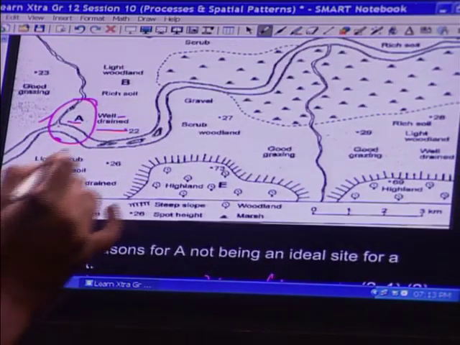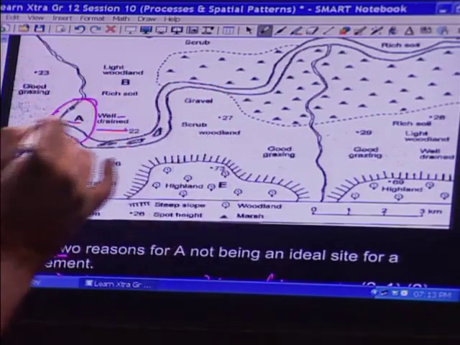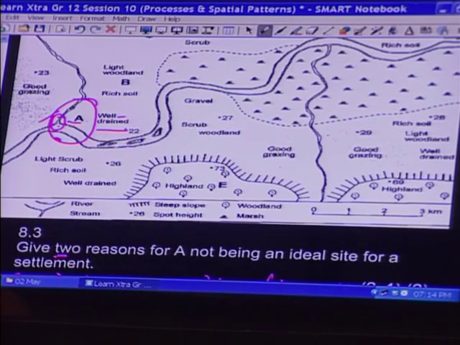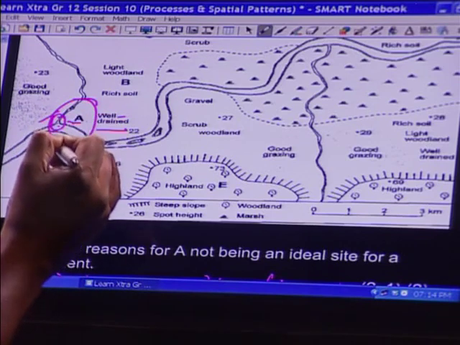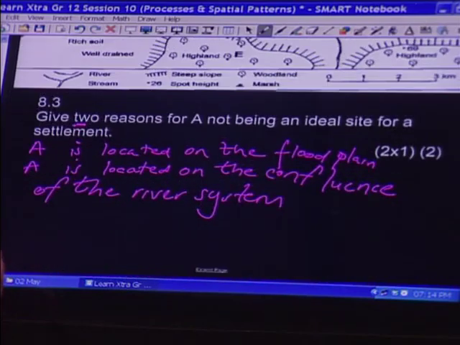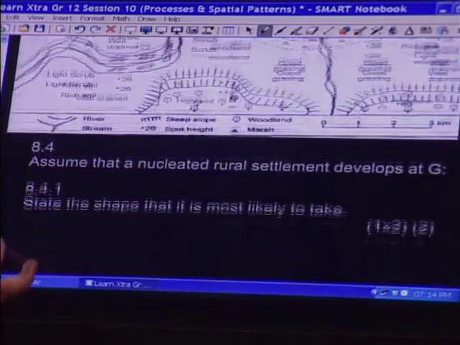Referring back to the diagram, note that there is a river that joins as a tributary to the main river. This area here serves as a confluence. Further to that, A is located on the floodplain, and therefore it cannot be safe to live or have a settlement occurring at A. Moving on to the next question.